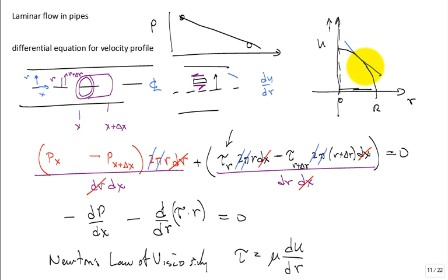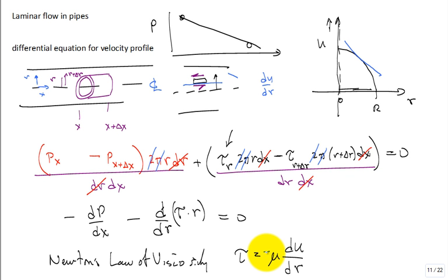So if I have mu du dr, and it's negative out there, if I evaluate it on this face right here, does that give me a positive shear stress in the positive x direction like I wanted? I need to put a negative sign right there. So it's minus mu du dr.